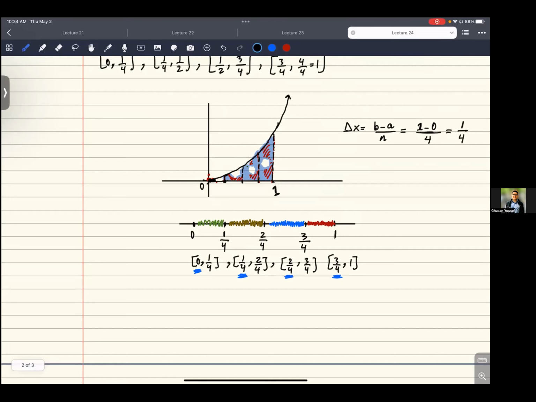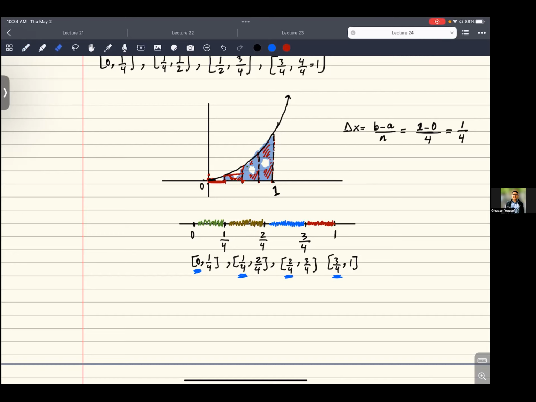So if I want to graph exactly what happened, here is the first point. This is the first rectangle, our first shape. Here's the second point. Go up. This point is the same as this.